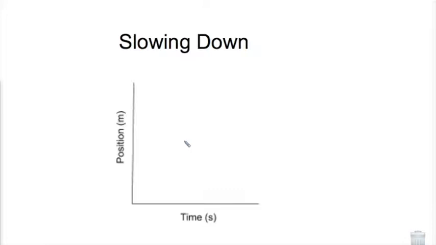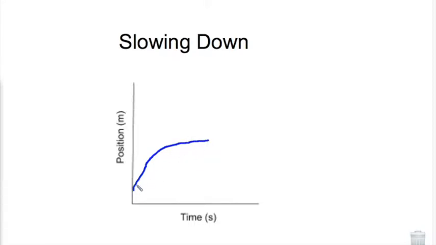If we were slowing down, it would be the opposite case. Slowing down means our speed is getting smaller, which means our slope is getting smaller and more flat. So we might be going up with some velocity, and maybe it's kind of steep in the beginning, but over time that velocity gets more and more shallow.